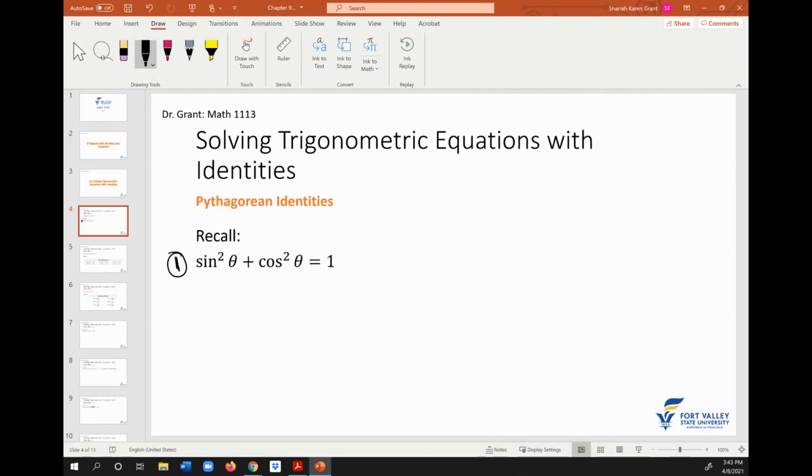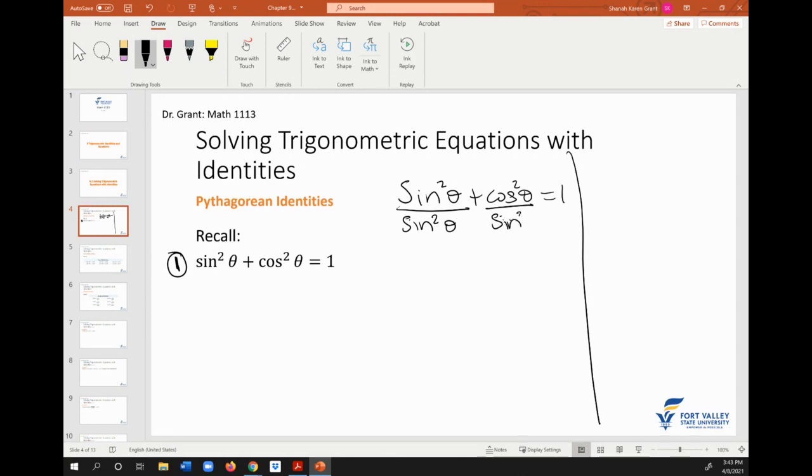So for instance, let's say I have sine squared theta plus cosine squared theta equals 1. Now let's say I divide both sides of the equation, meaning each term, by sine squared theta. Let's see what that will give us.